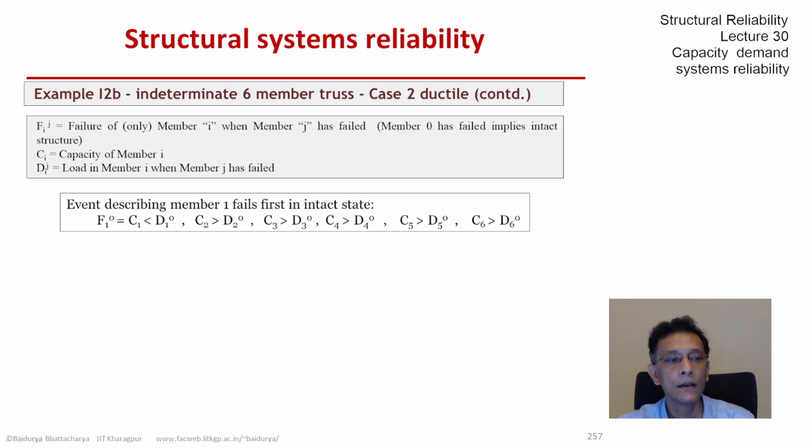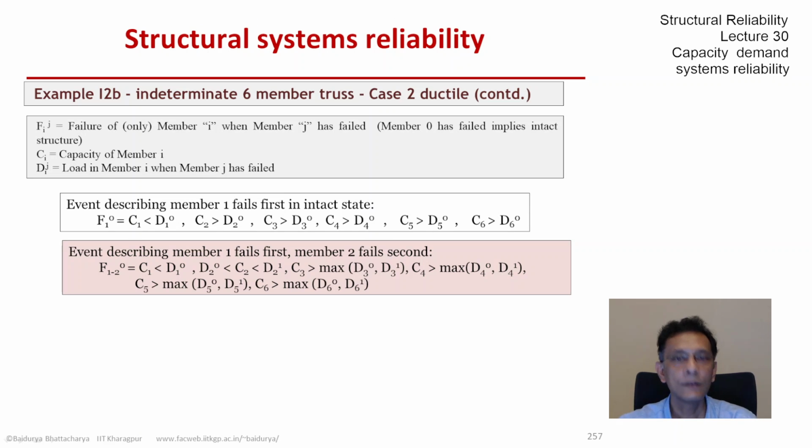So again, as we did in the brittle case, C1 is less than D01 and C2 is greater than D02 all the way up to C6 greater than D06, because we are only interested in member 1 failing and the others not failing. And then we do F01-2.